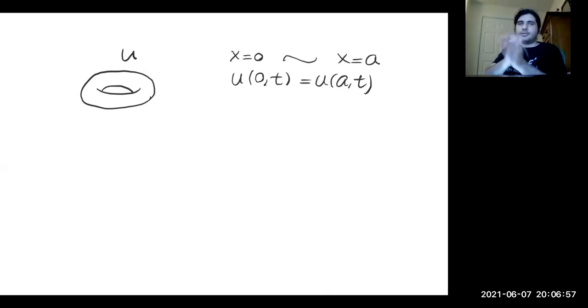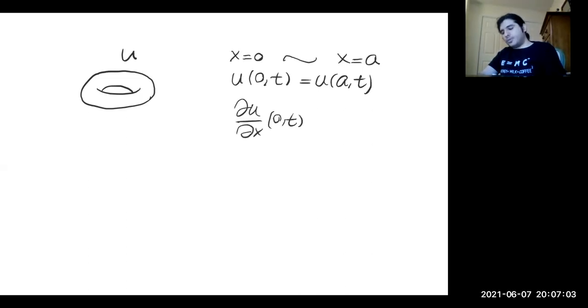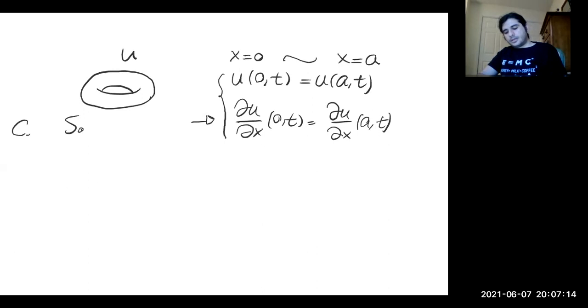They're right next to each other. And then the derivative of u with respect to x at 0 and t should be equal to the derivative of u with respect to x at a and t. Okay, these are the conditions on the solid torus.